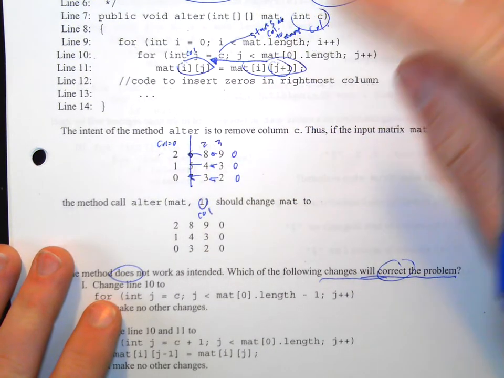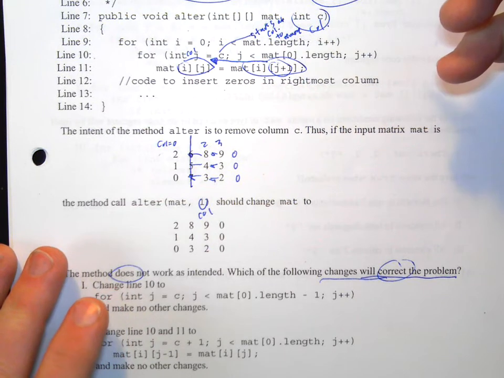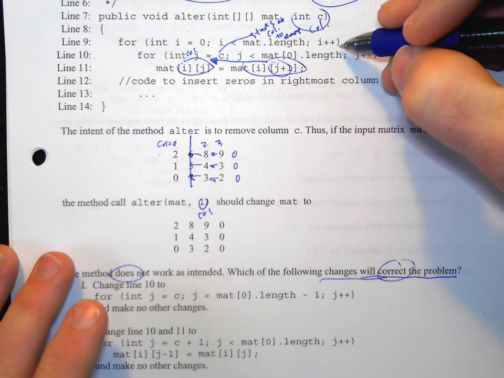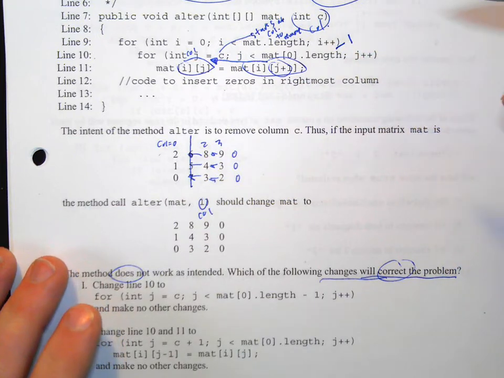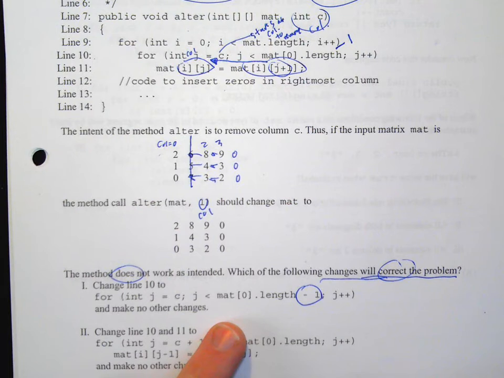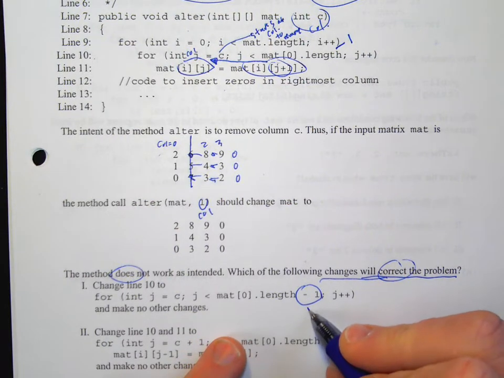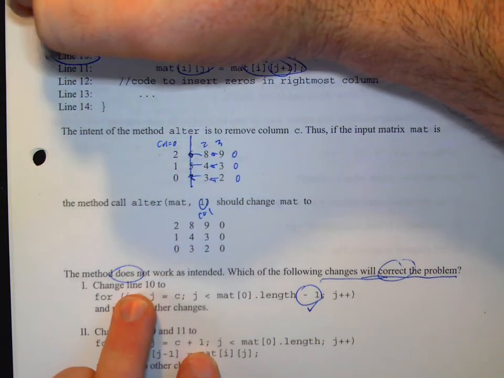We should, because that's the one that's going to get filled with zeros, and then we won't get the index out of bounds. So what we should do is probably stop J at mat length minus 1. So that looks good. And I don't think you need to make any other changes. That's on line 10, which is the one we're talking about.